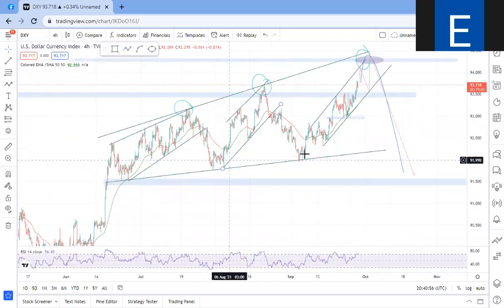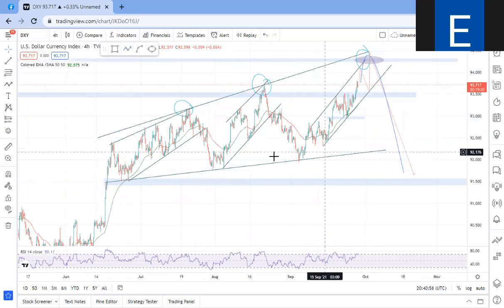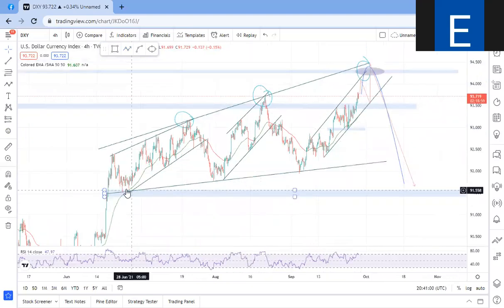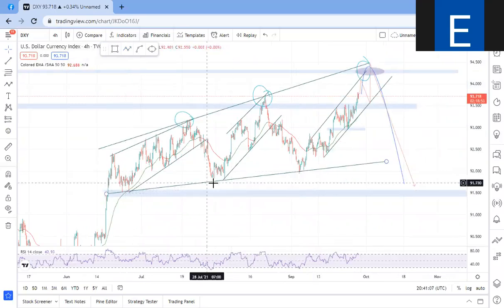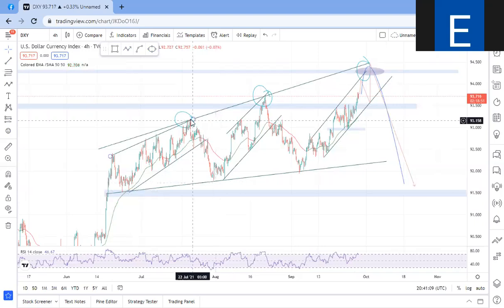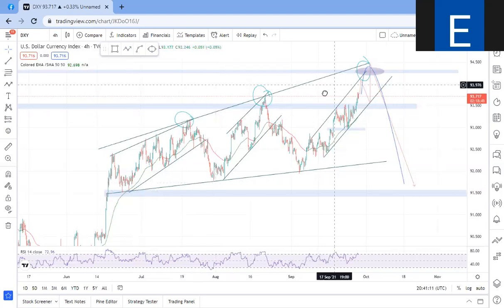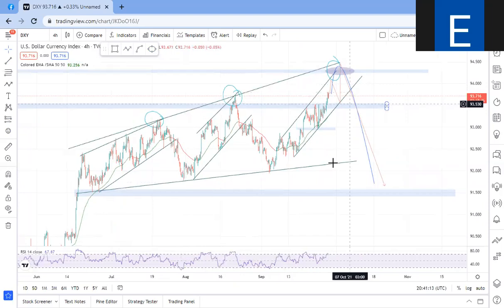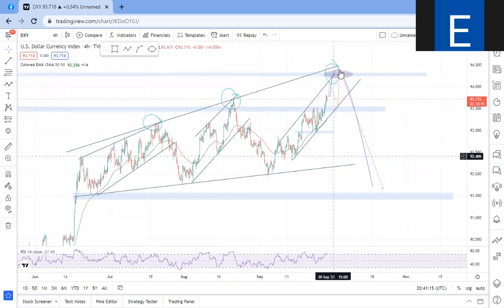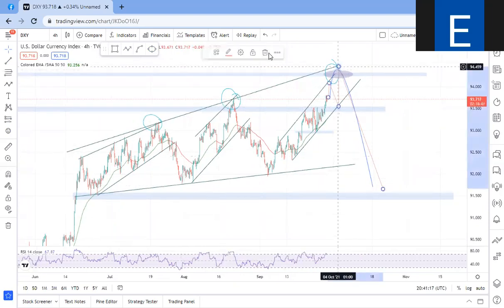Because it is ascending in nature, you can see price has been making higher lows, and higher highs here. So technically, whenever we see this kind of pattern, we expect that price may likely reverse.